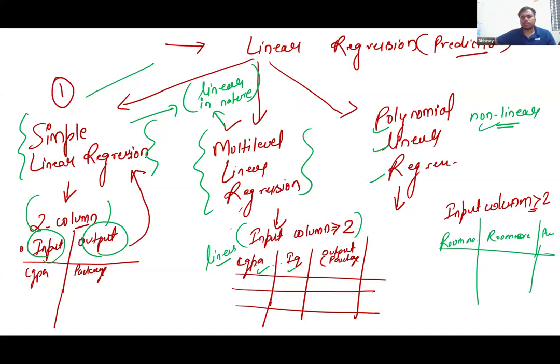Even I am not sure whether they will be non-linear or not. Just to understand that these columns will be non-linear in nature. When we deal with polynomial, I will tell you what kind of data we need to take, right? So this is basically the division of your linear regression into three parts.